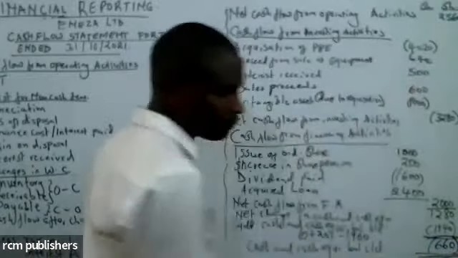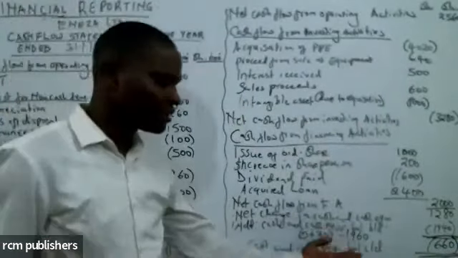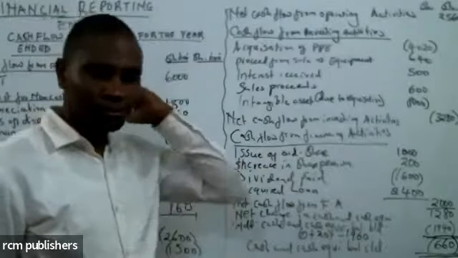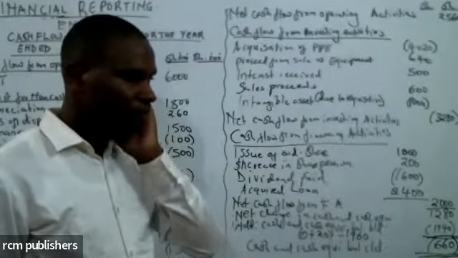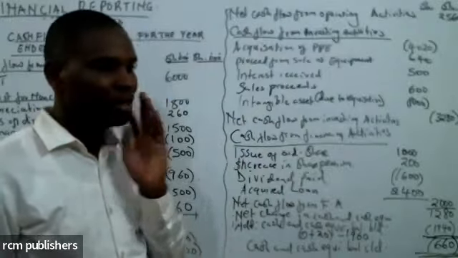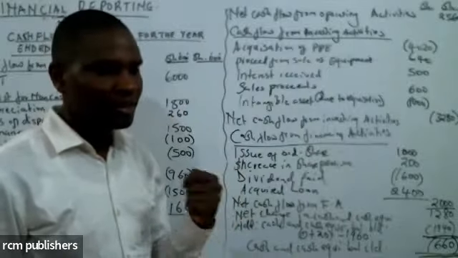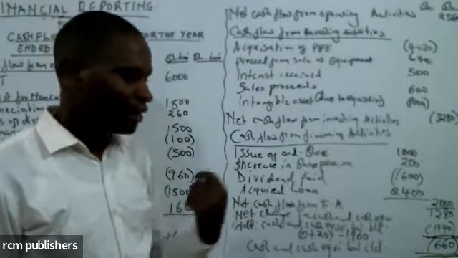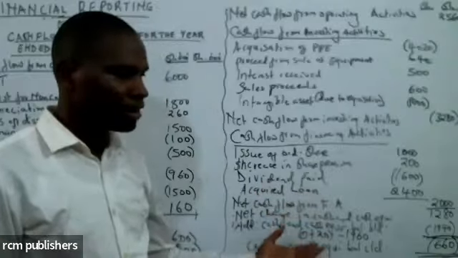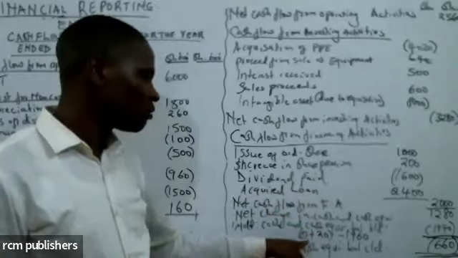You know what, class? This negative 660 should tally, or reconcile, with the balance in the year 2021. And how do we confirm that? You confirm it using the same formula.